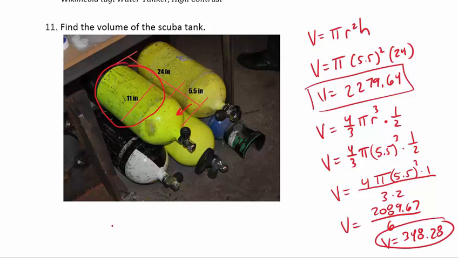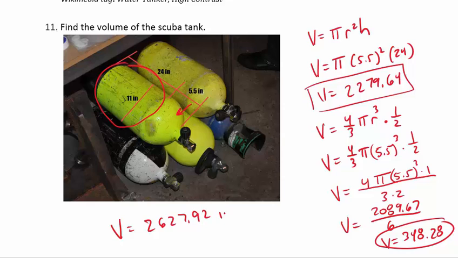So now to find the total volume, I'm going to add these two together, the volume of the half sphere on top of the tank and the volume of the cylinder at the bottom of the tank. And then that's going to give us 2,627.92.